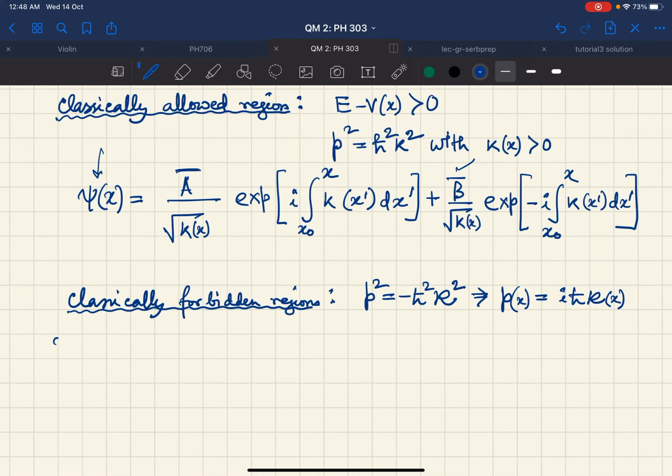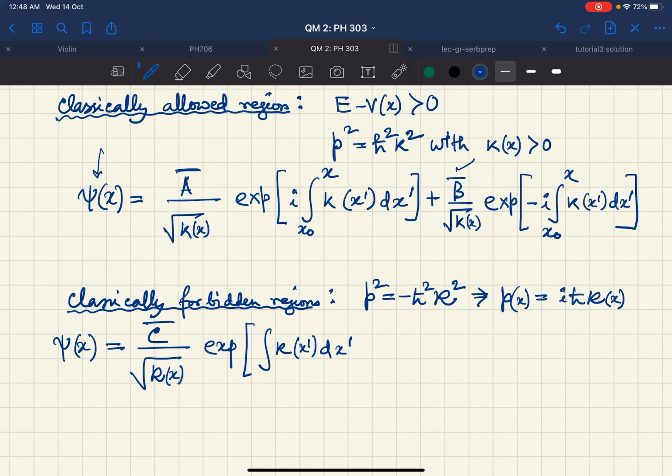So just like the previous case, we can write down my general WKB wave function, some constant c bar divided by square root kappa of x into exponential integral kappa(x') dx' from x0 to x.